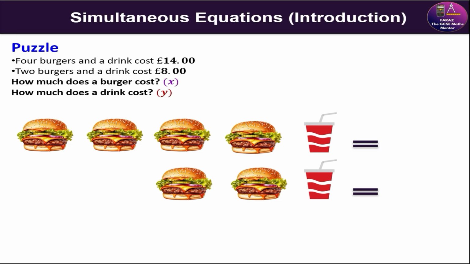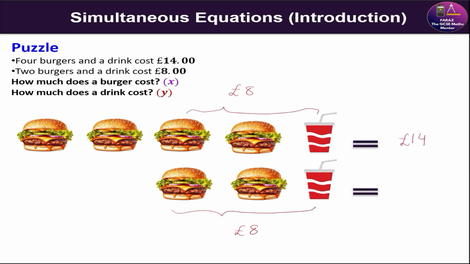Alright, to solve this puzzle, as we know already, 2 burgers and a drink cost how much? 8 pounds. So we can use the same information that 2 burgers and a drink cost 8 pounds. As we know, the total price for the first combination is 14 pounds.